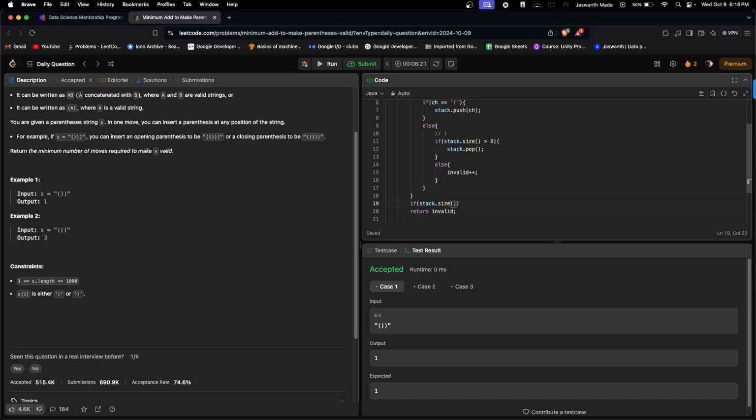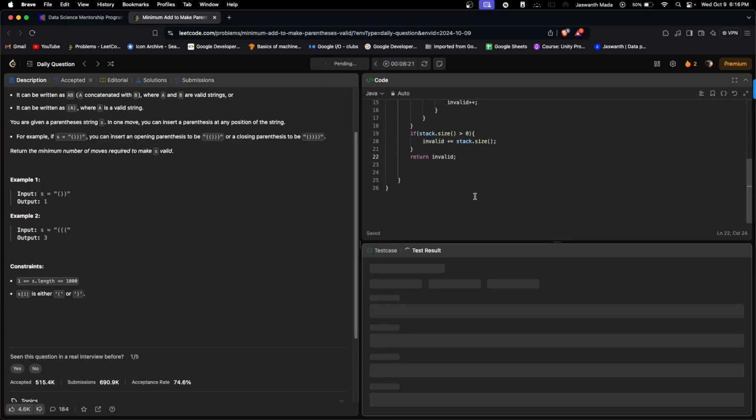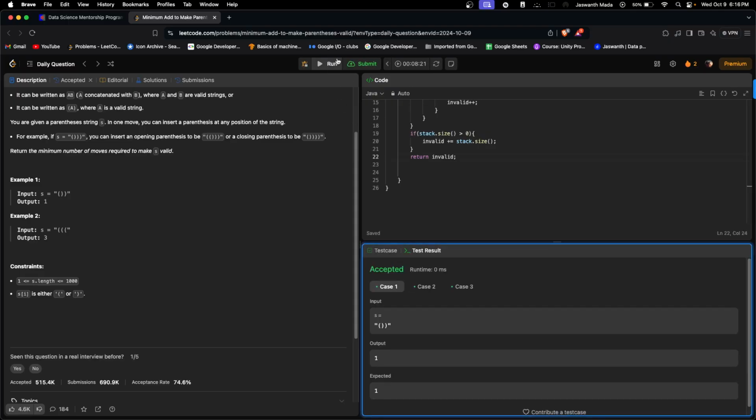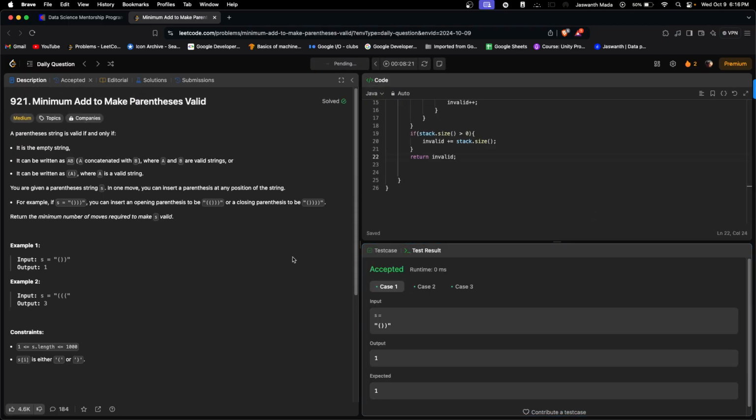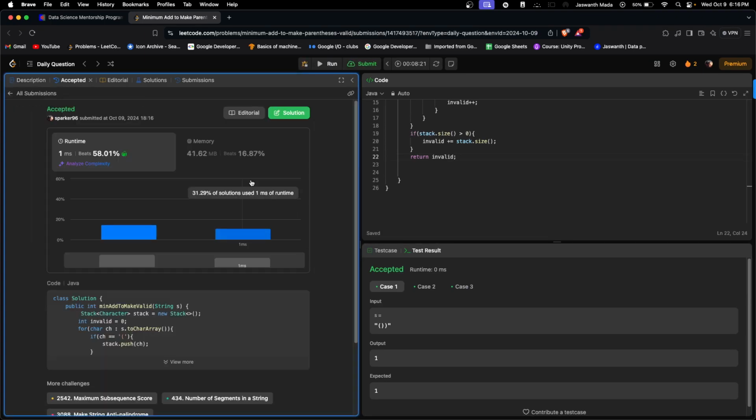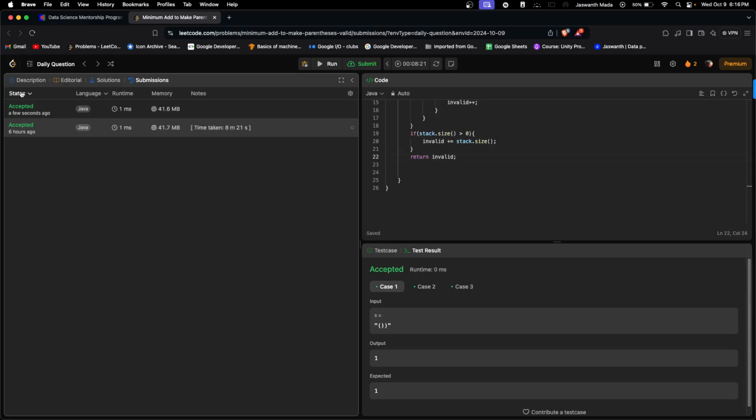If the stack has any unmatched parentheses, then I'll just add them. Invalid plus equals the number of parentheses inside the stack. And if we run this, it should be running fine. Yeah, and this got accepted.